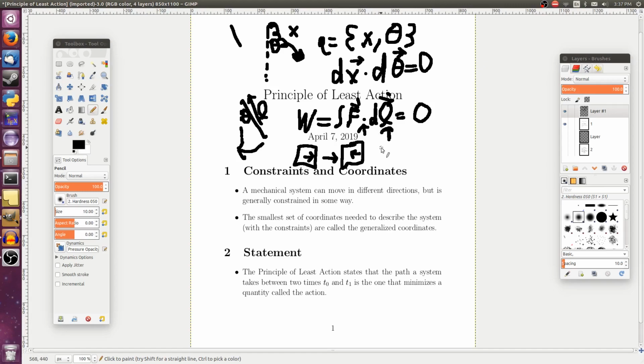And using these generalized coordinates is going to make our problems a whole lot easier in general.